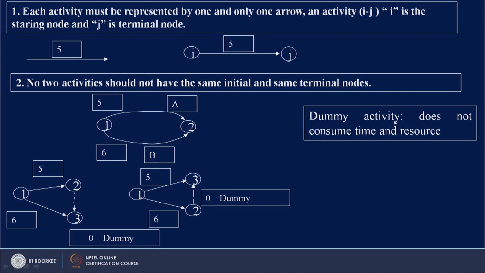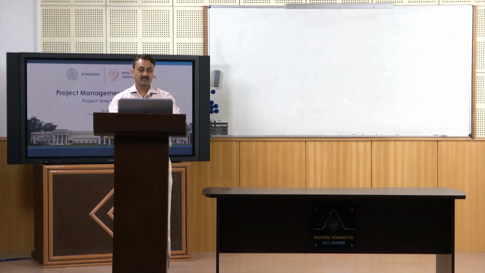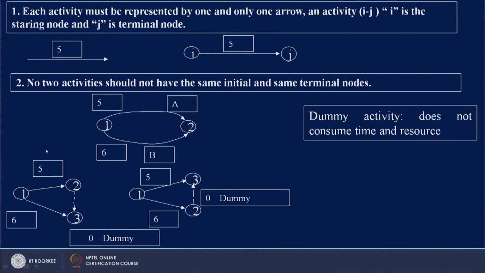A dummy activity is an activity which does not consume any resource, including time. We insert a dummy activity in a network just to see that your network is properly prepared. So you can change this network like this: activity 1 2 is this, activity 1 3 is this, and 2 3 is a dummy activity.